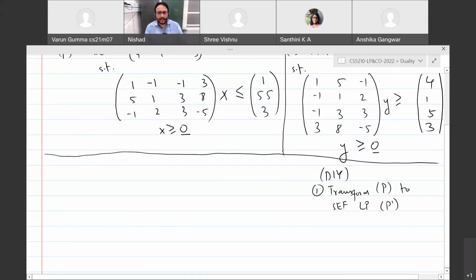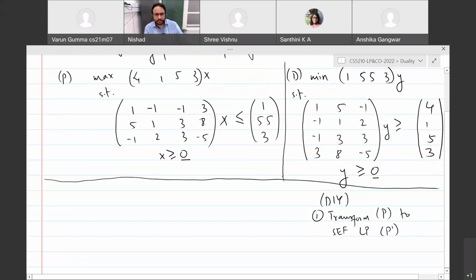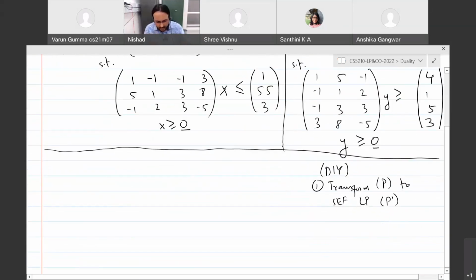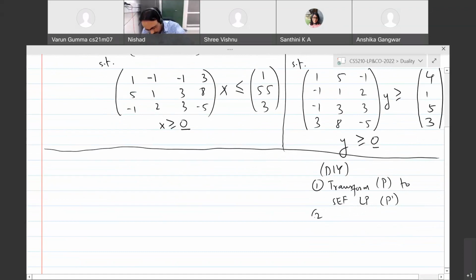Okay, that should be very easy. And the second point is, once you have the SCF LP, I want you to solve the SCF LP using simplex. And all right, so those are the problems.